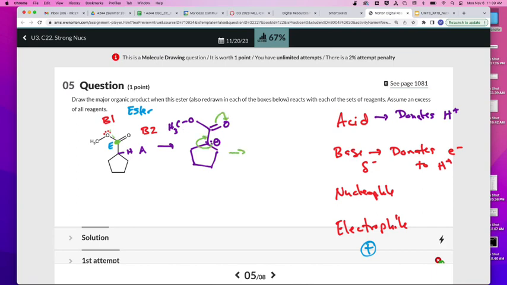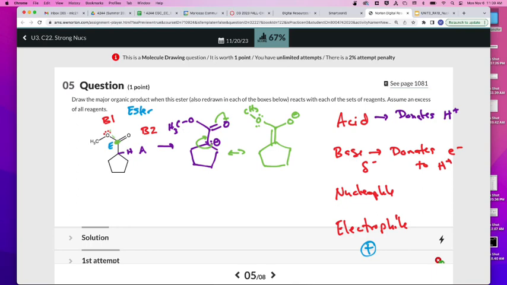Because there's a resonance contributor where we can put the negative charge onto an oxygen. What we're looking at is the acidity of the alpha hydrogen to the carbonyl.